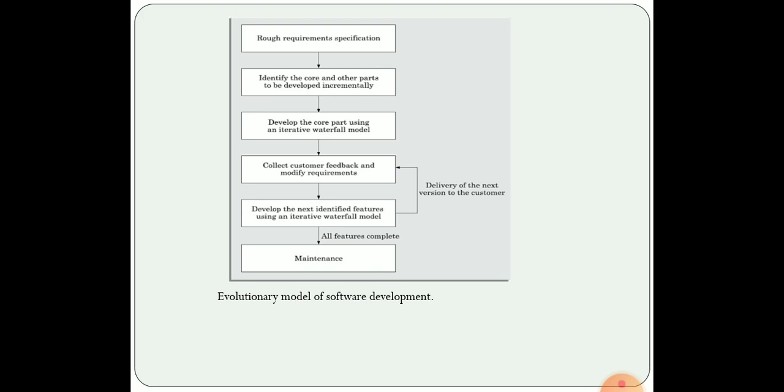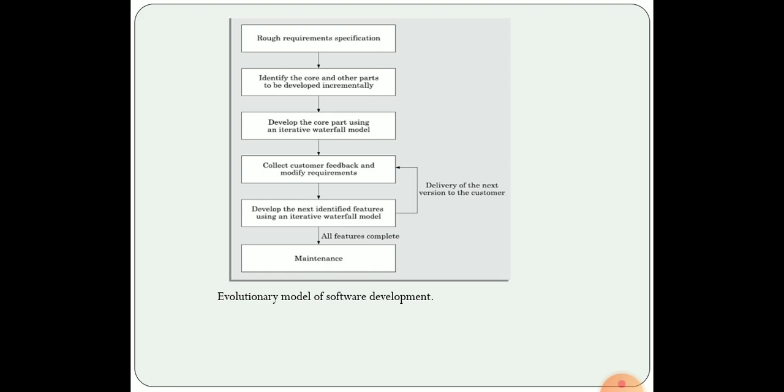As we know, customers may not be aware of how to specify all the requirements. They need their work to be automated, so they go to a software development team, but they may not be capable of specifying all their requirements.